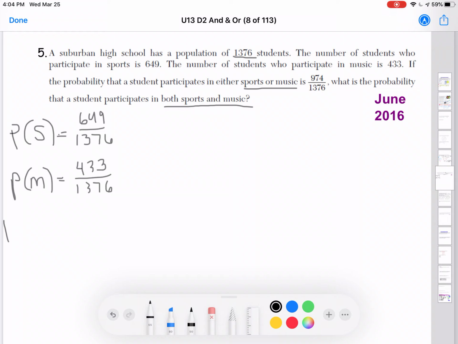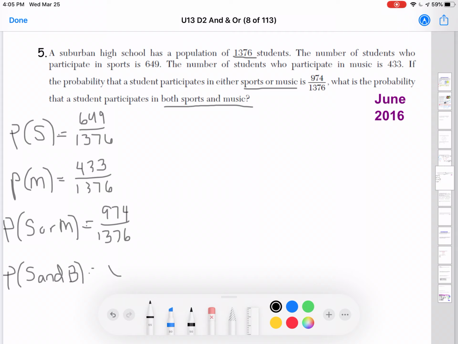And then they gave me the probability of sports or music, 974 over 1376. And I want to find the probability of sports and music. So extremely similar to the question that we just did.